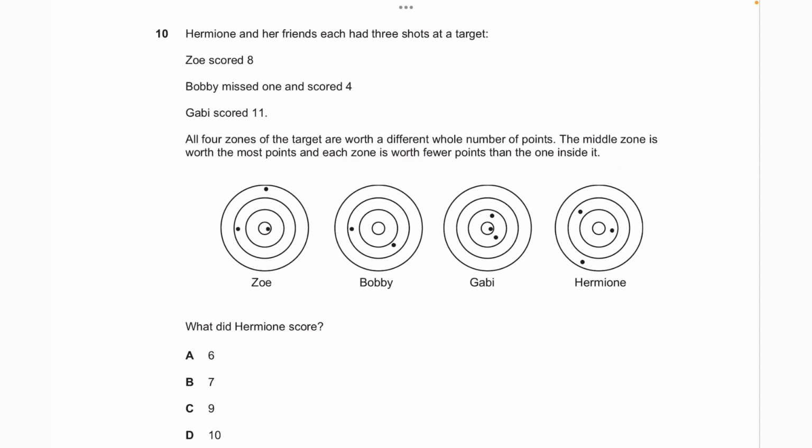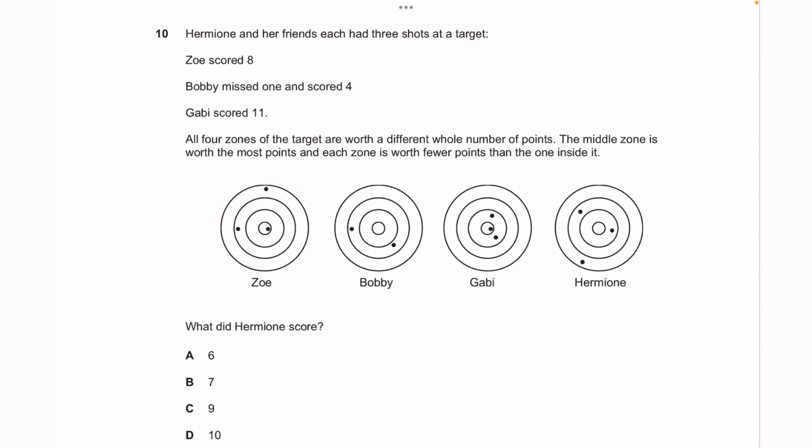Now, what we need to do first is we actually need to identify, so we can see that this is a target, and we know that what's been determined is that from the middle, it's the most points because it's the center, and then as you're moving out, the amount of points gets less and less, okay?